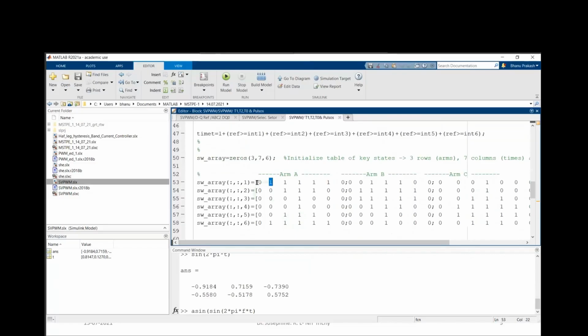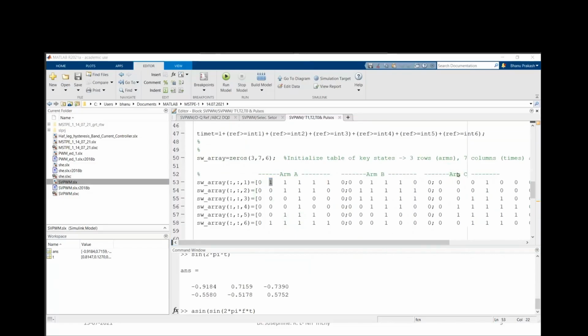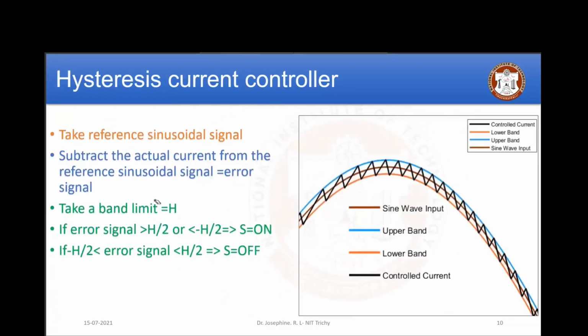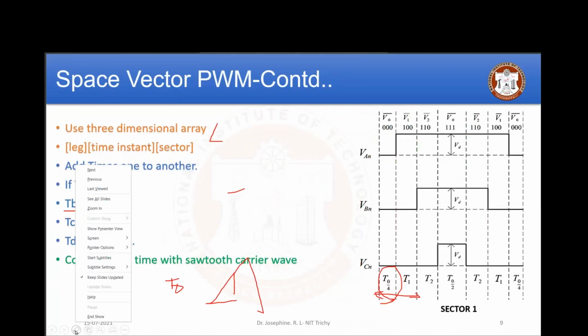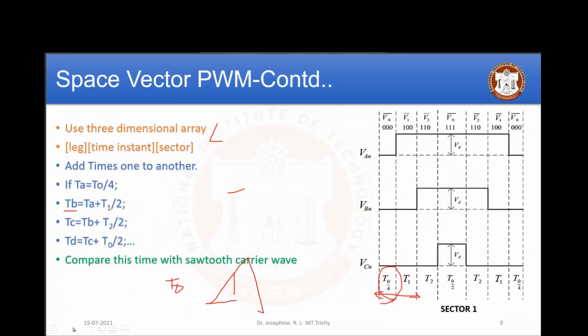How I wrote this one means I have arm A, arm B, arm C. If you see for sector 1 in arm A, what are the values you have? 0, 1, 2, 3, 4, 5. 5 ones and 1 zero.